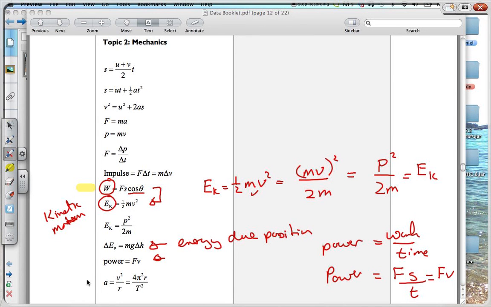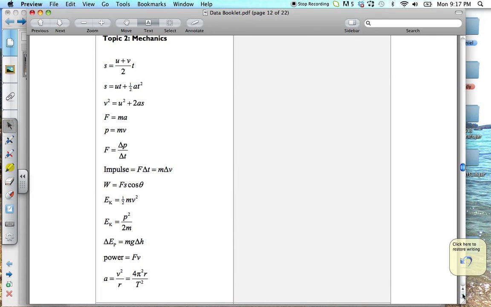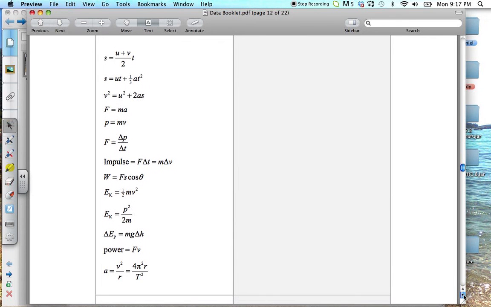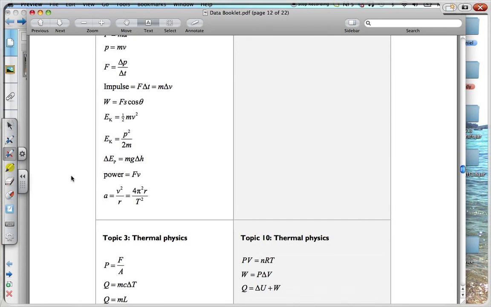And finally, this is all to do with circular motion. Let me clear this and move this up slightly so it comes into view. This formula over here is to do with circular motion.